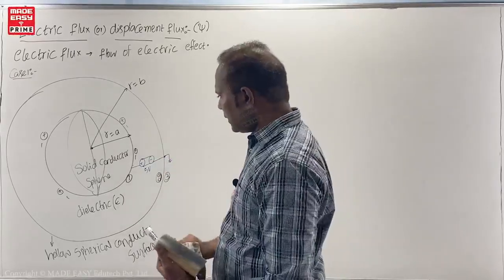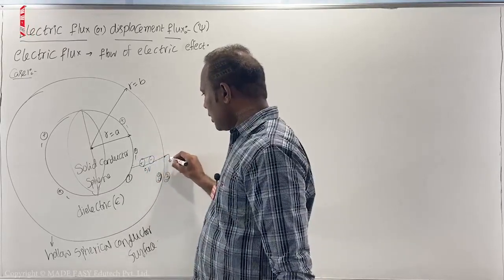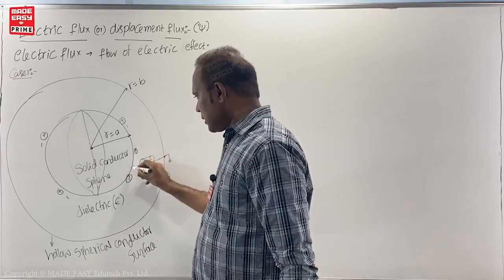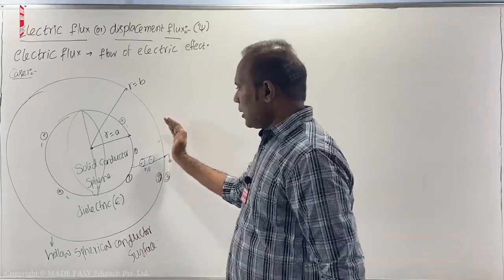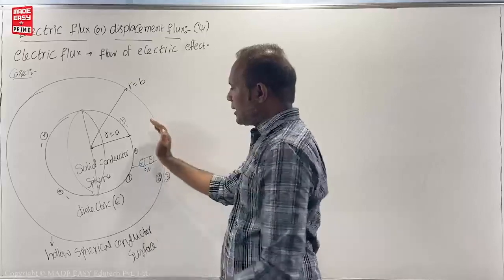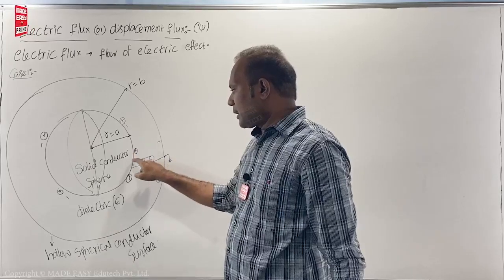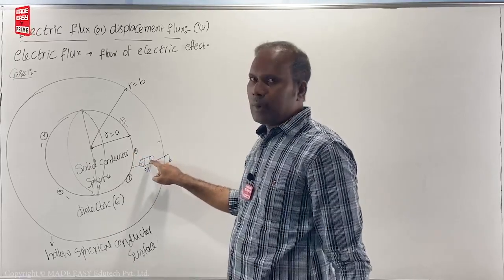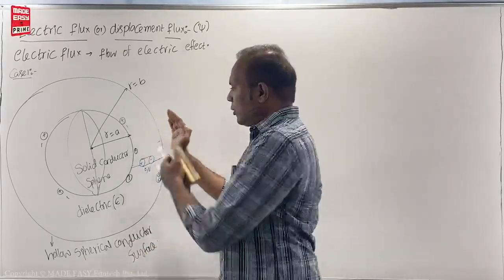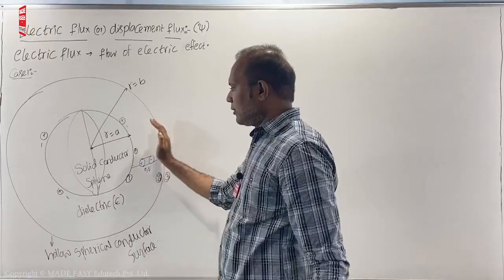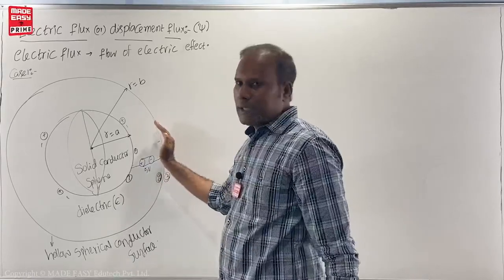Now this positive terminal attracts this electron and it goes like this. It can go to ground, but it will not go because this positive ion attracts this electron. So this electron stays on this inner surface. Why is this electron coming from here? The positive terminal attracts it, that is why it comes like this. Then the negative terminal pushes it away, so the electron will come like this. Then it stops on the inner surface because this keeps attracting it. It says, do not go far, stay here, I am attracting you, and that is why it stays on this surface.